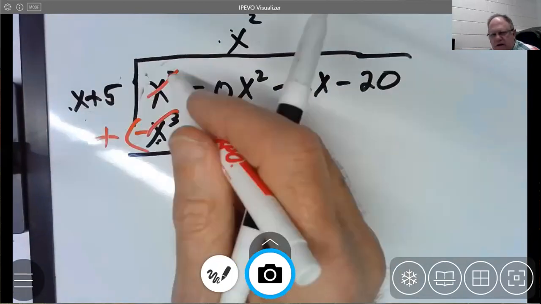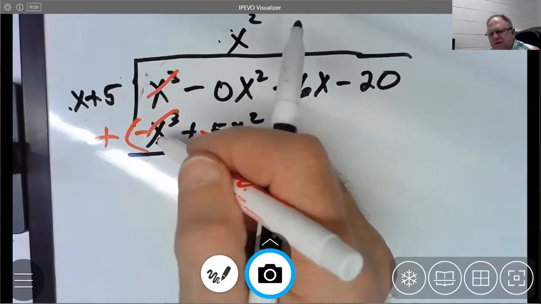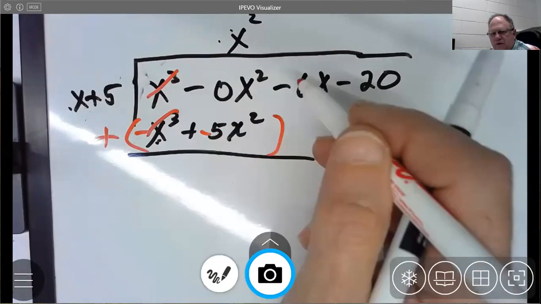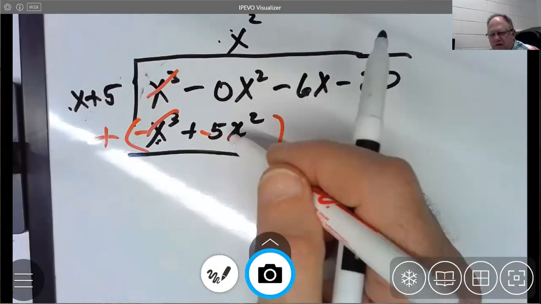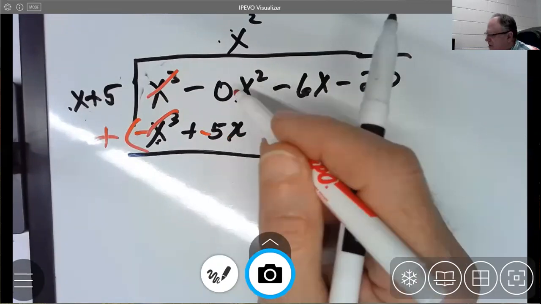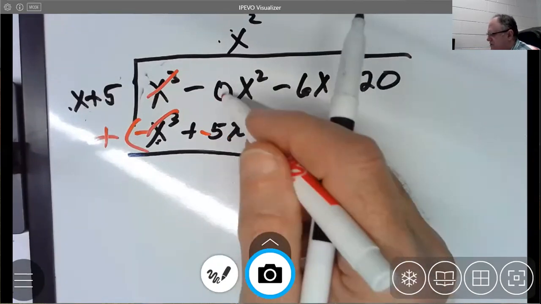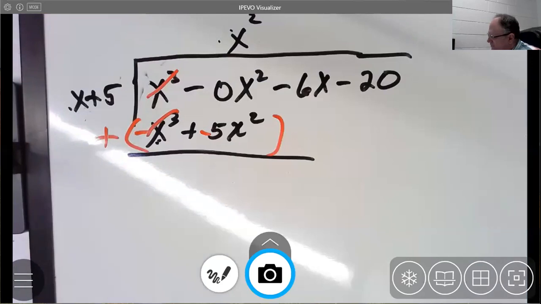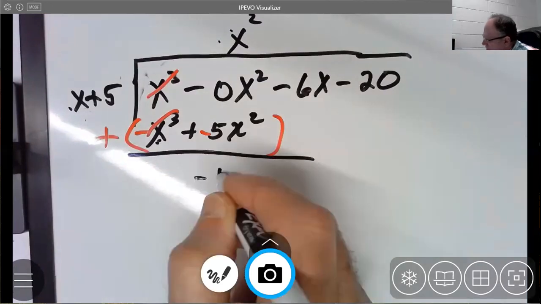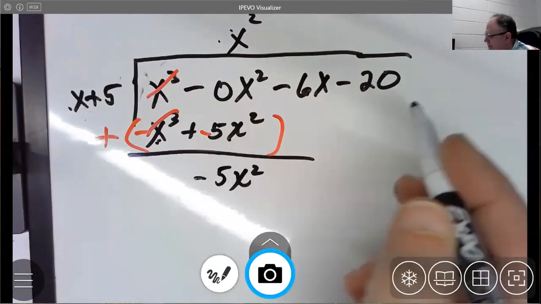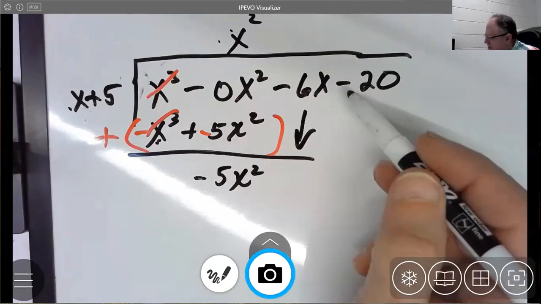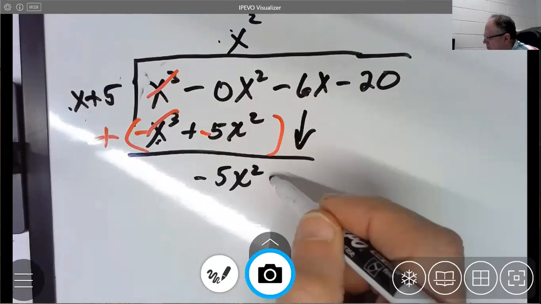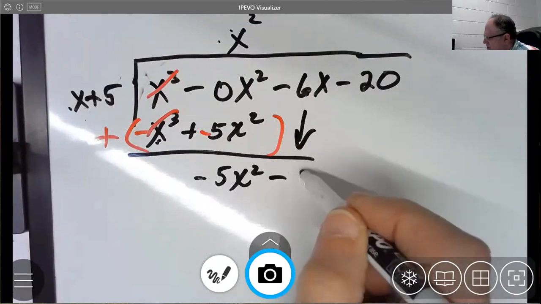And that's the whole idea. If we can't cancel these out, then something's wrong. So if the signs are the same, we add. If the signs are opposite, we subtract. There's no negative in 0, it's just 0. So this will be a minus 5x squared. And then just like with dividing numbers, we bring the next term down, so that'll be negative 6x.